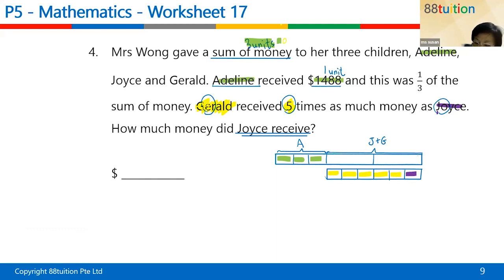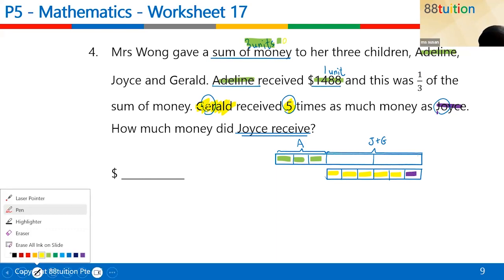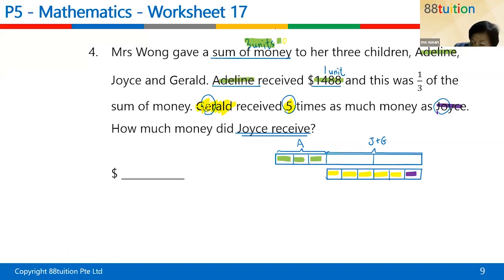Okay, so this one will become 9. So I'm going to write this here to here. Nine small units.